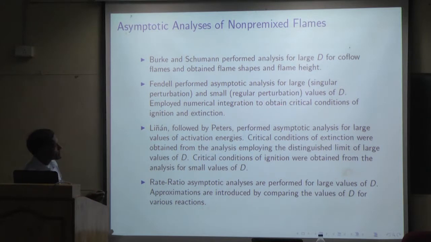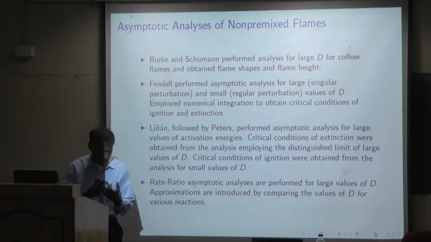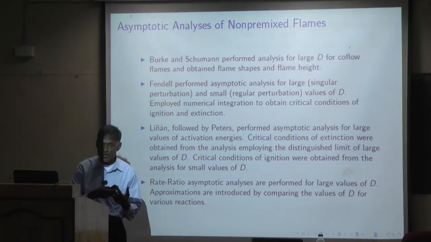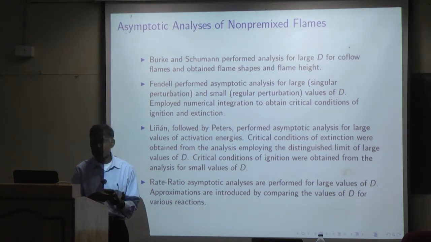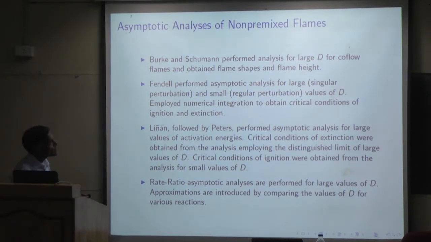If you recall, I indicated when I looked at the homogeneous reactor, the CSTR, that by using Damköhler numbers, you cannot predict ignition or extinction. So similarly, because it's large.